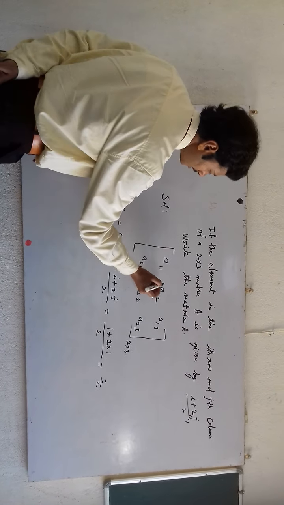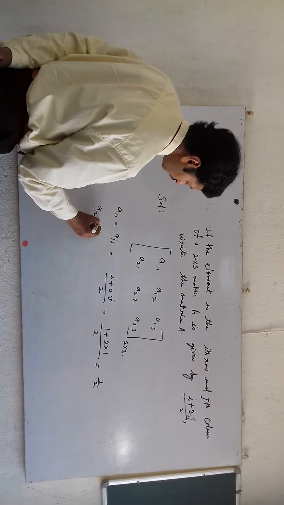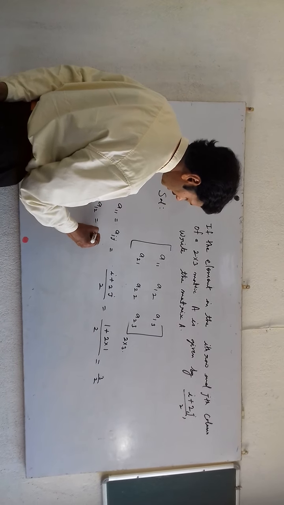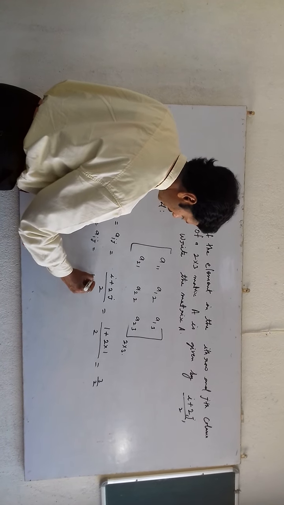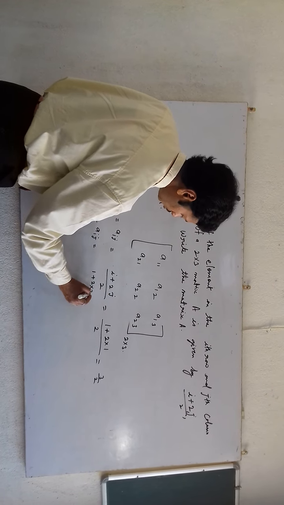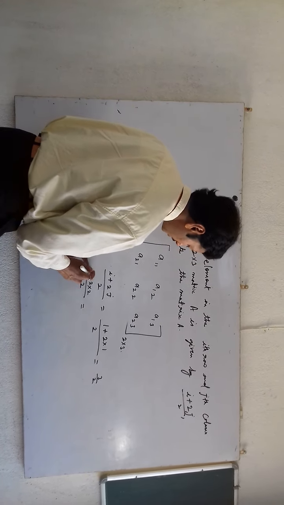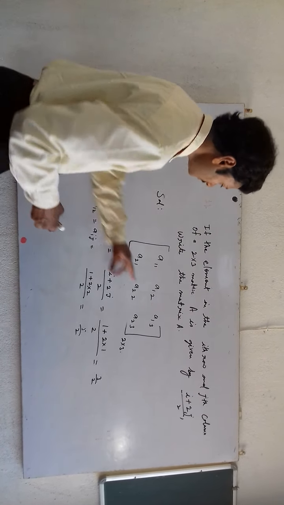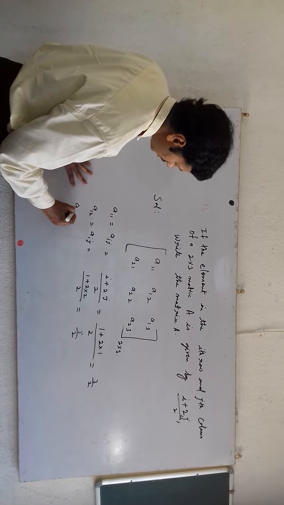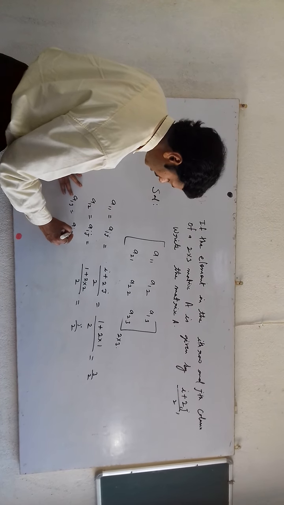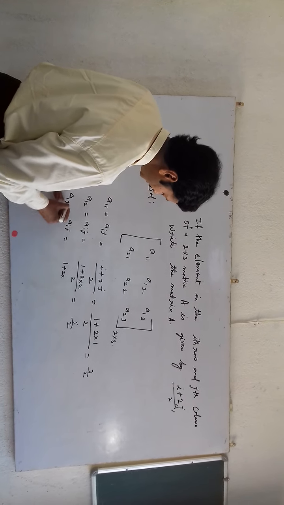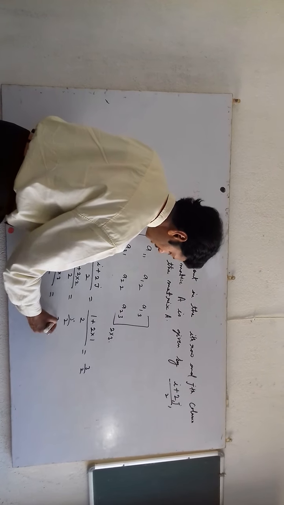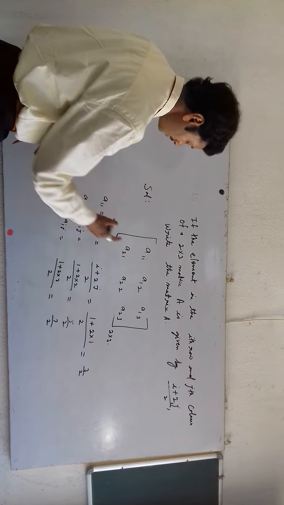Similarly, the second number a12 can be represented as aij. Here i is 1, 2 into j, j is 2, upon 2. On solving it, 1 plus 4, 5 upon 2. The third element a13 is aij, represented as 1 plus 2 into j, here j is 3, upon 2. On solving, 1 plus 6, 7 by 2.